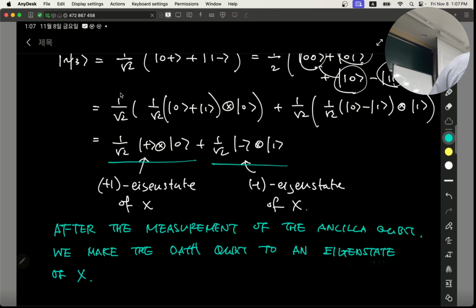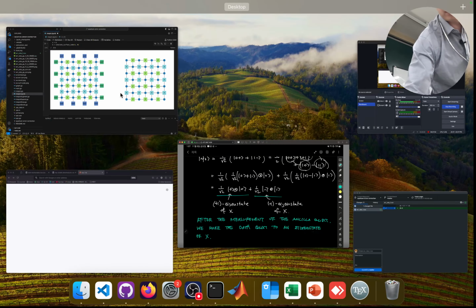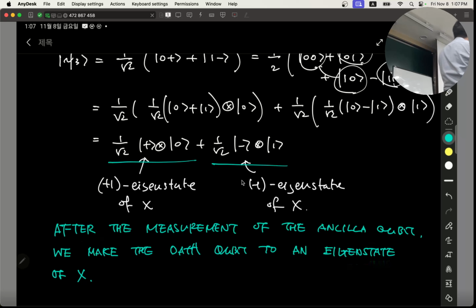Okay, so let's suppose that I measured it and I read 0. That means it's fixed to the plus 1 eigenstate.